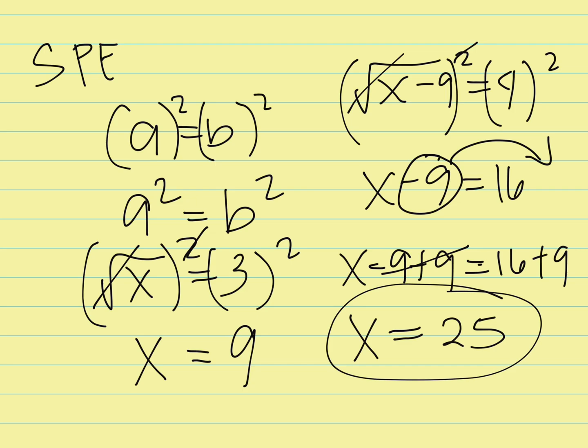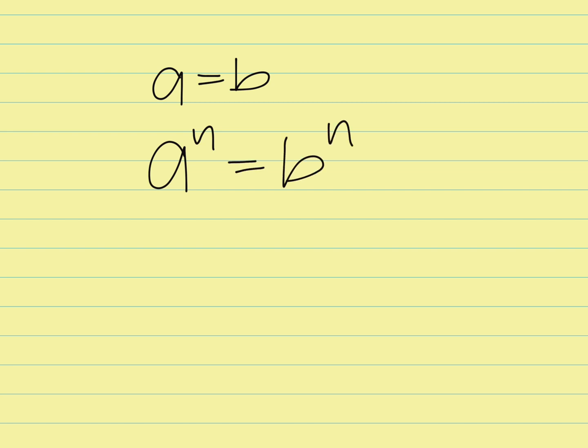And remember that the squaring property can be extended to any positive integer n. For example, if we have a is equal to b, then we have a raised to n equals b raised to n.